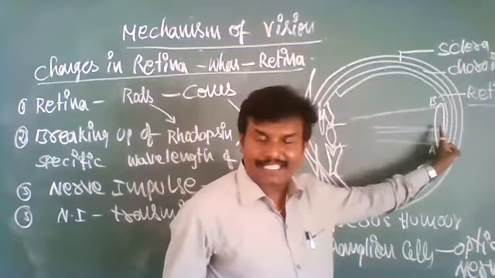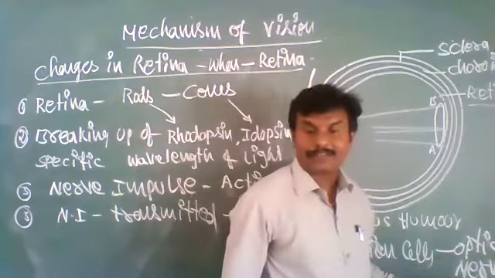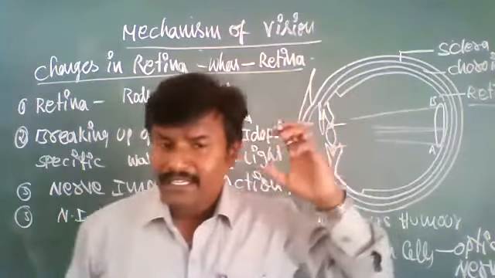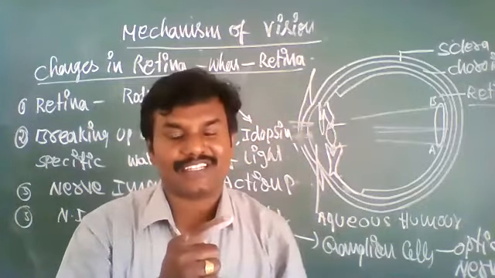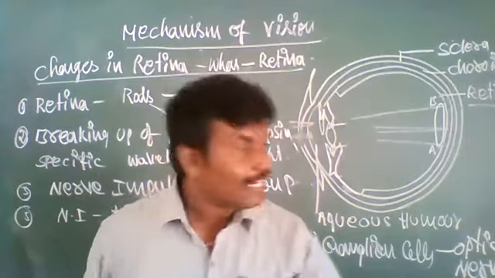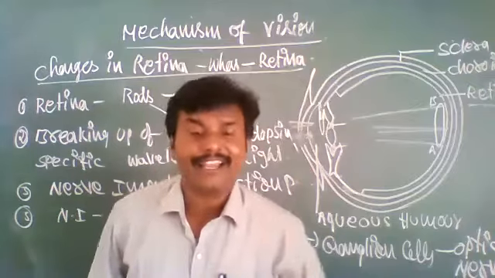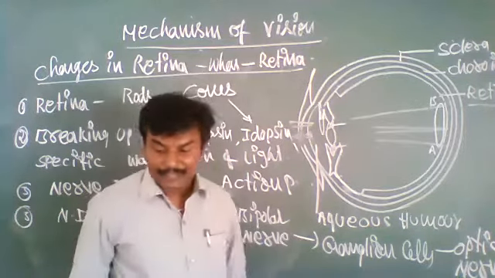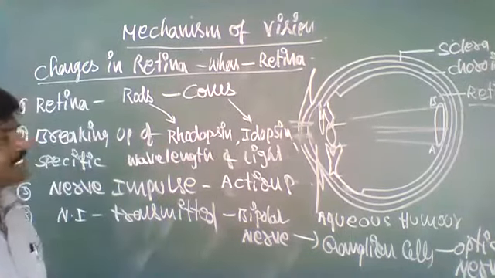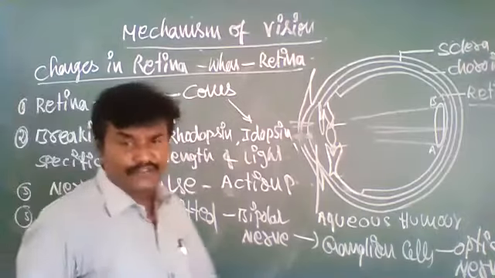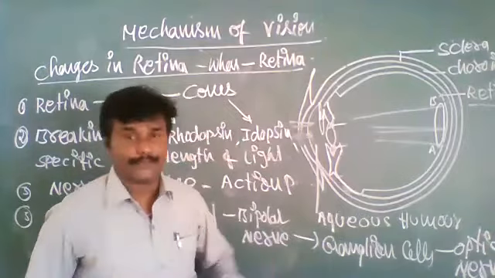This inverted image goes to the visual center of the brain through the optic nerve. In the brain, the inverted image is understood and brought to the correct position, making the final image: wall, human beings, chair, table, pencil, chalk piece, pen, etc. That is the explanation about changes in the retina when light is focused on the retina.